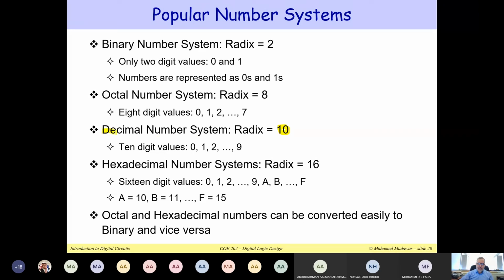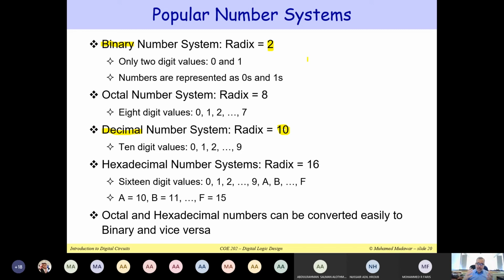Computers use binary because it's easier to design circuits using the binary number system, whereas we are used to decimal because our ancestors discovered the decimal number system by counting using their fingers. This is why decimal is natural to us, whereas binary is more convenient to computers.